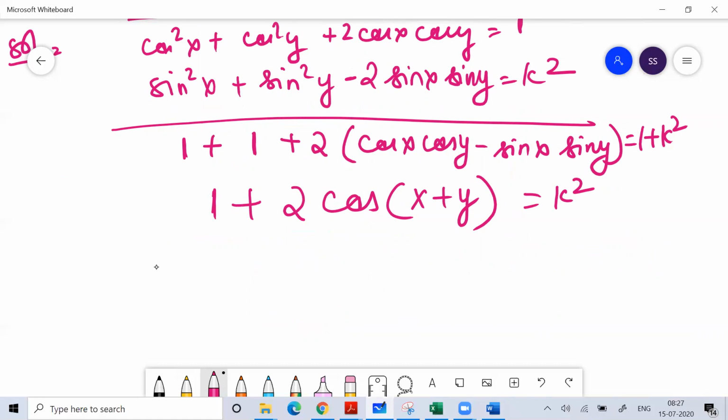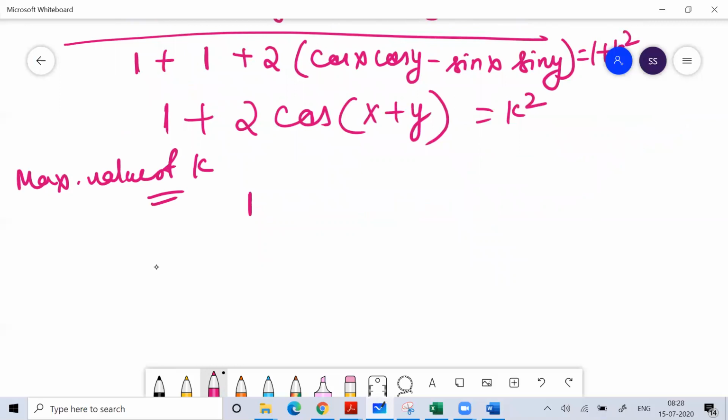So you know that minimum value of cos theta would be -1 and the maximum value of cos theta would be +1. So you know that, no? So now the maximum value of k would be, so that is what you want, the range. So this would be 1 plus 2. So the maximum value of this is 1, minus 1 to plus 1.